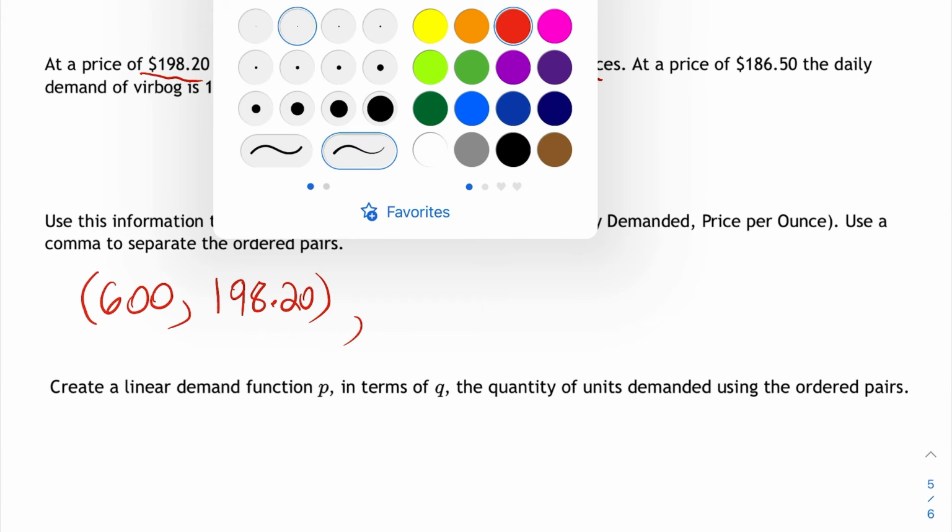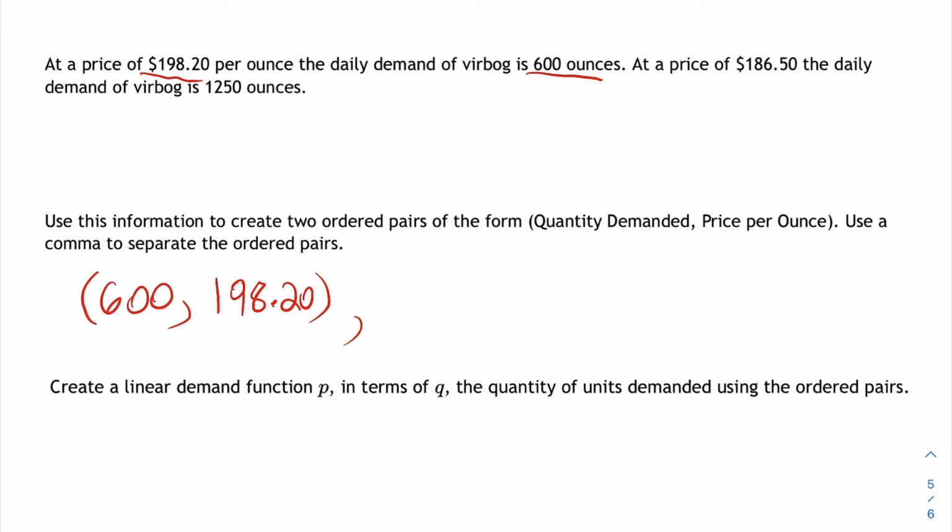The next ordered pair is the one where we have $186.50 and the quantity demanded is 1,250 ounces. So the price went down and demand went up. So those are the two ordered pairs we were asked for.